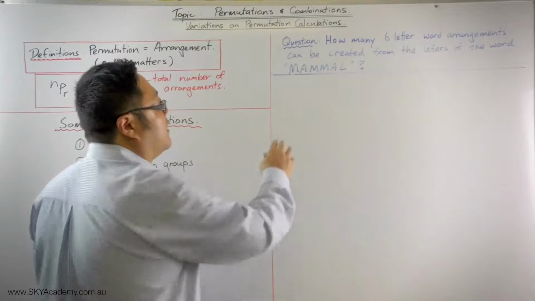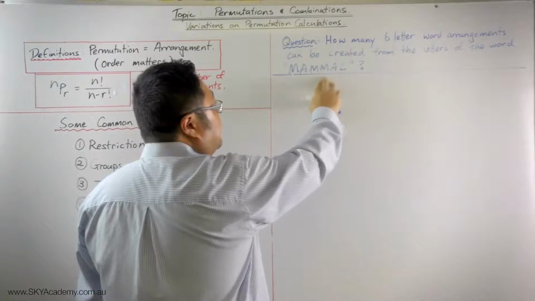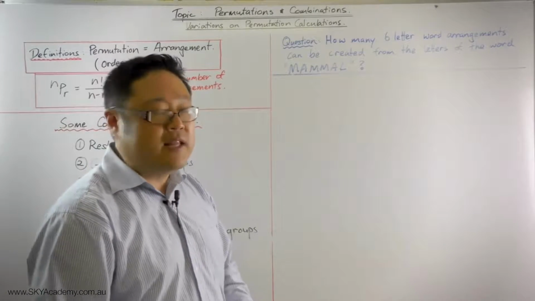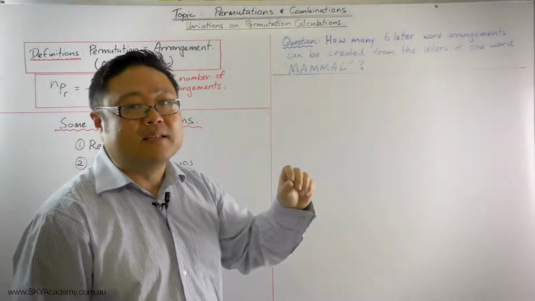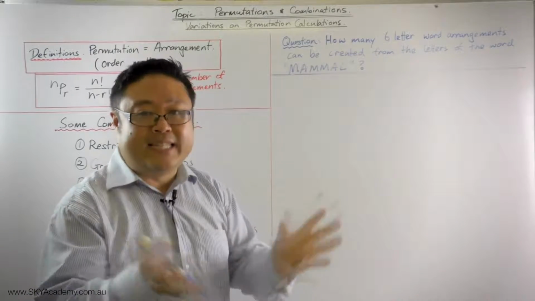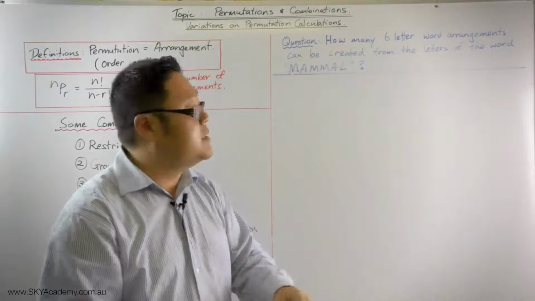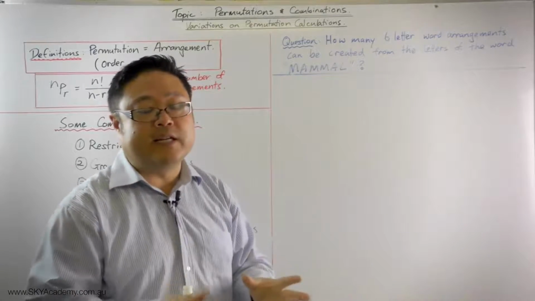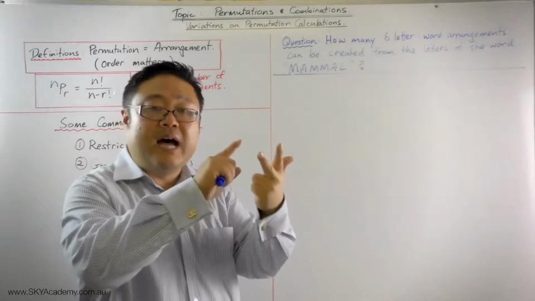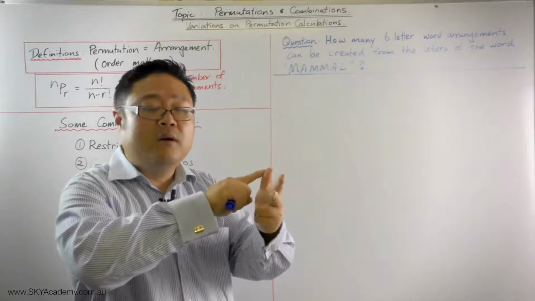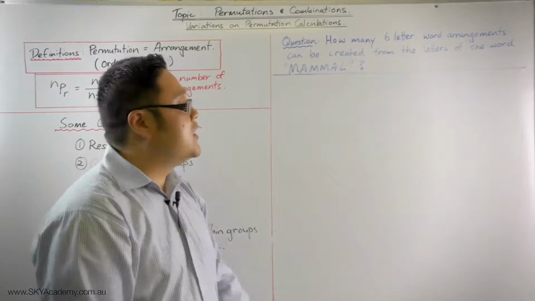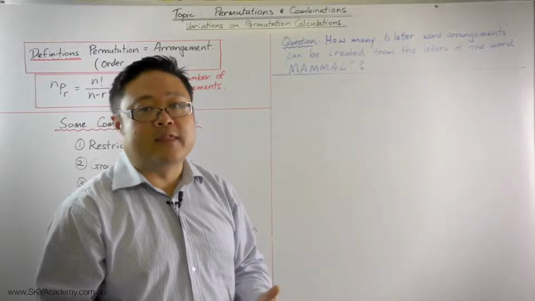So see how you've got 6 letters? Even though you've got 6 letters, you've really only got 3 distinct letters, yeah? Because you've got the 3 M's, which are all identical. They're your identical elements. You've got the 2 A's, which are identical to each other, and you've got the L. So your 3 distinct letters are M, A, and L, but you've got 6 letters that you've got to arrange, yeah? So how do you do a question like that?